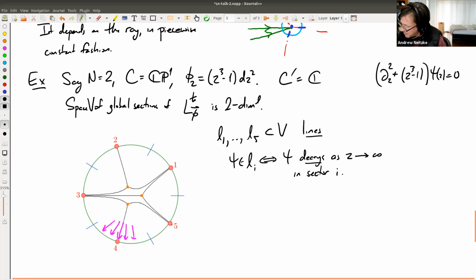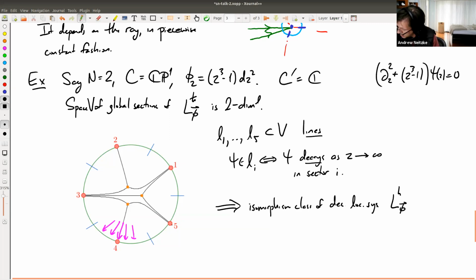So the abstract data that we get from this differential equation, the isomorphism class of this differential equation thought of as a decorated local system, is just a point. It's the data of 5 lines in a 2-dimensional vector space.